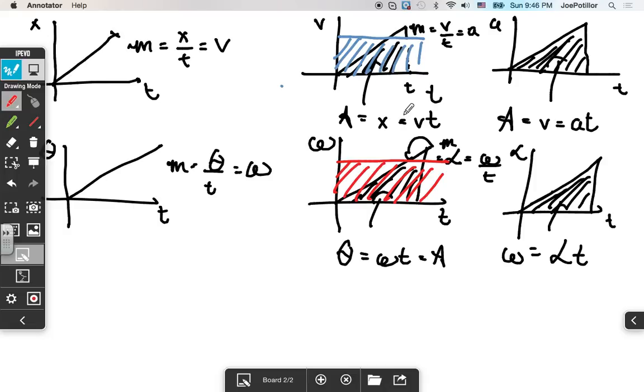Now, let's do an example involving these graphs, and you'll kind of get the gist of what I'm trying to tell you.